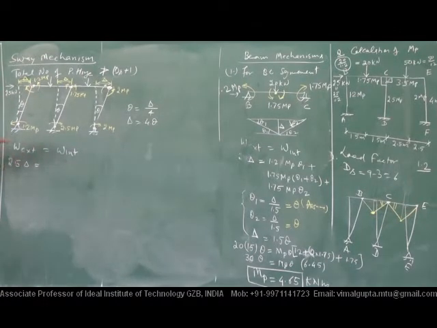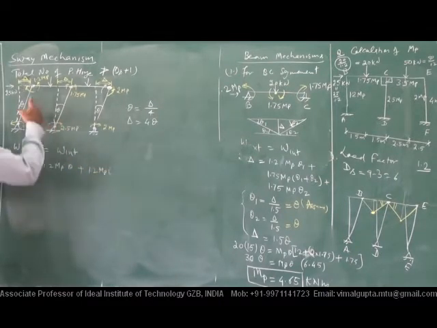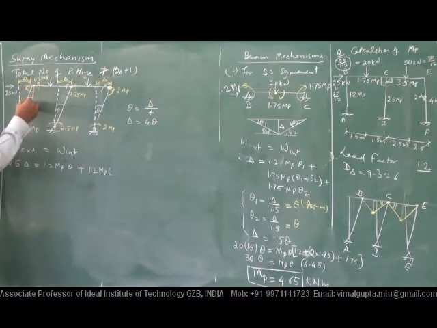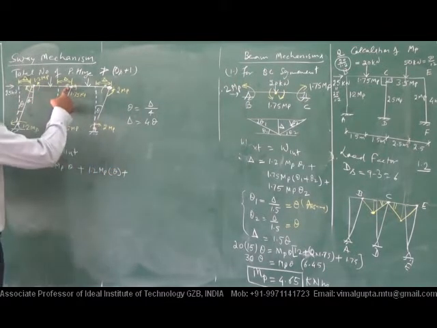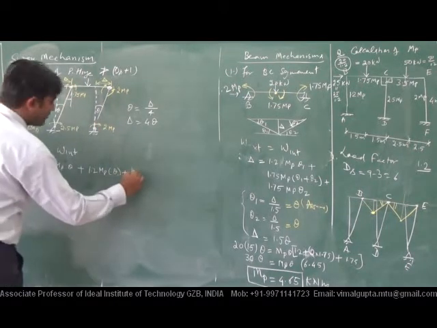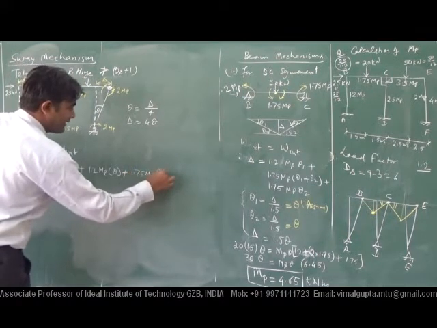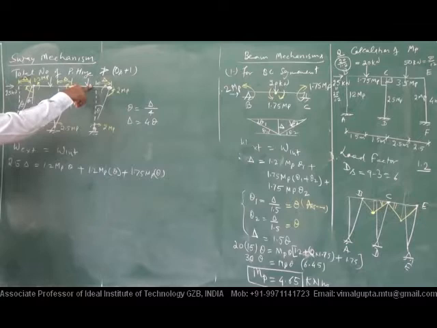So write here: 1.25 Mp into theta, plus 1.2 Mp times how much value? This one will not change, so only theta, plus this one, 1.75 Mp into only theta. Remember, these two members are in the original position and will not be considered.